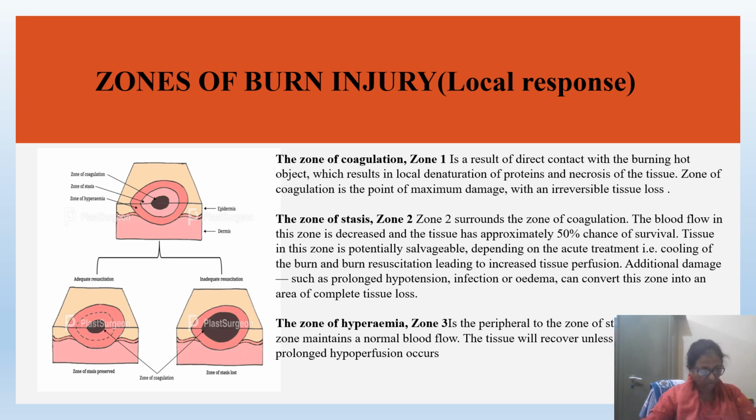The zone of stasis is the area surrounding the zone of coagulation, characterized by decreased tissue perfusion. The zone of hyperemia is the outermost part, the peripheral area of the burn, where blood circulation is highest. After the injury, there can be complete recovery of this tissue.